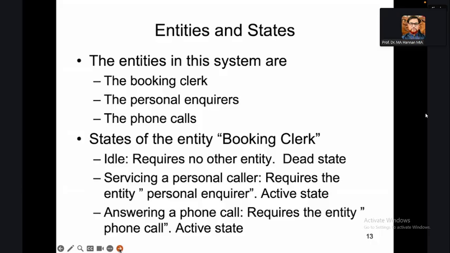In order to develop an activity cycle diagram, we need to understand first what the activities are, that means entities, and their states. Entities and their states. Okay.